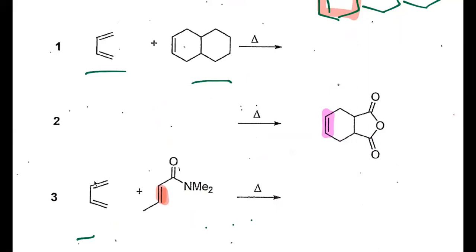Again, with it being a 4 + 2, it's only going to be 3 arrows, and those are going to be pericyclic, so it's only going to move between certain specific atoms.